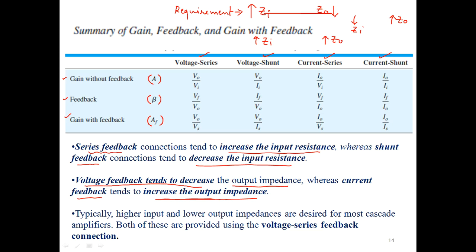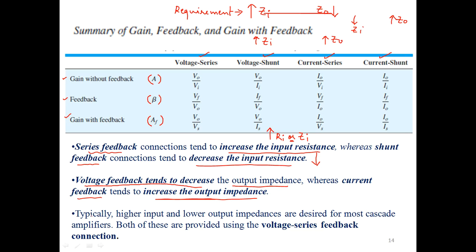I'll just be writing increase the input resistance. It is either Ri or Zi. If it is resistance, then it is Ri. If it is impedance, then it is Zi. Whereas shunt feedback connections tend to decrease. So here there is an increase, and whenever the feedback is parallel, the impedance will be reducing.